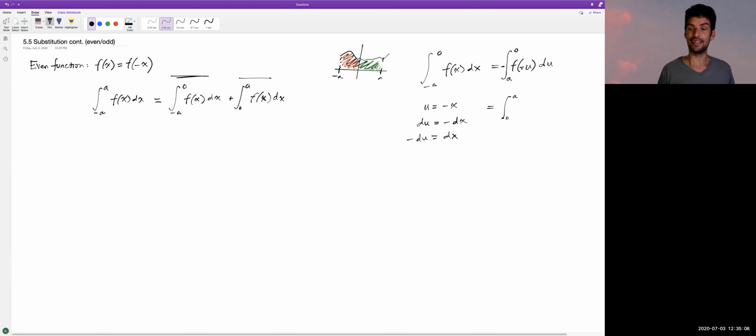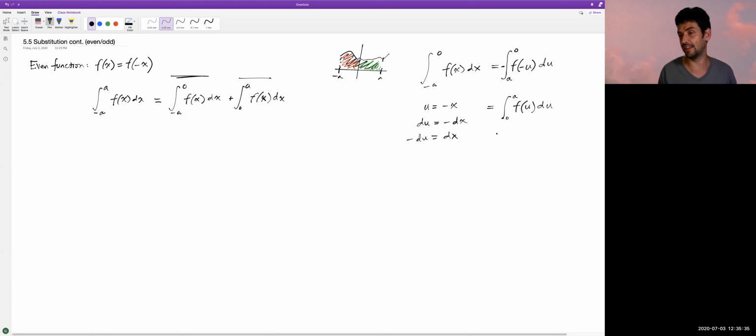At the same time, I'm going to use the definition of an even function. f is an even function. That was the entire basis of this whole thing. So f of negative u is the same as f of u, and du doesn't change. Now notice, this u is really just a change of notation.